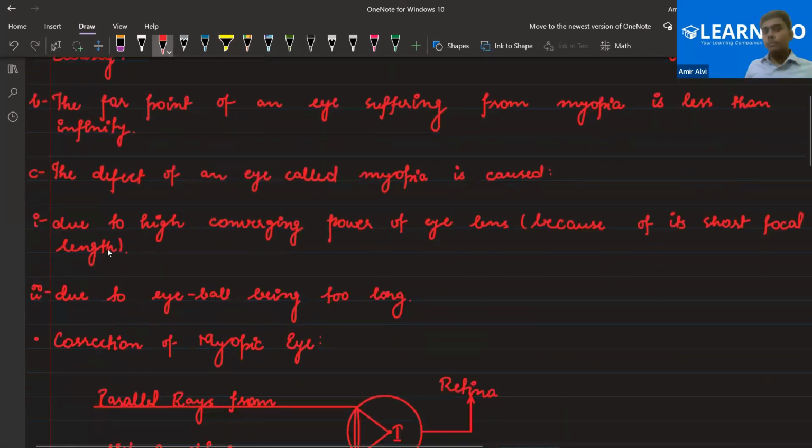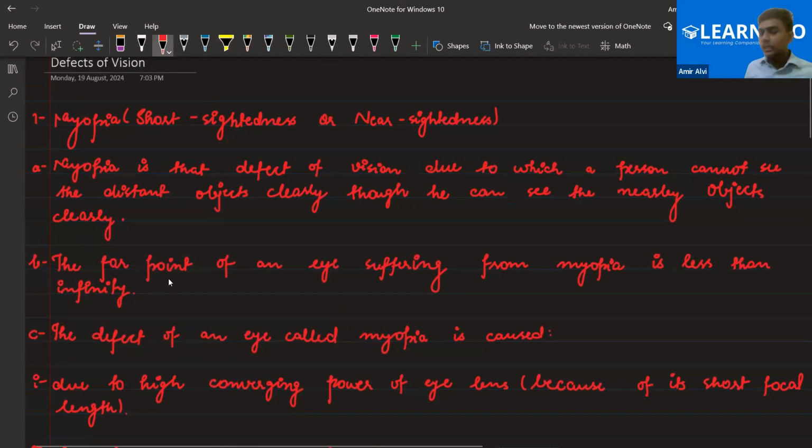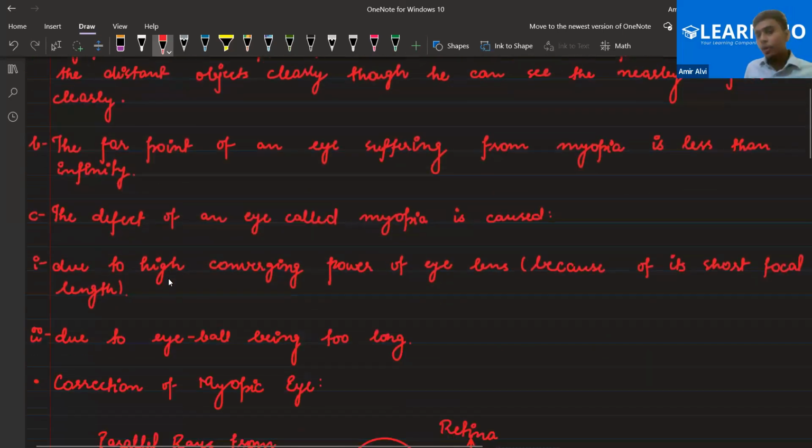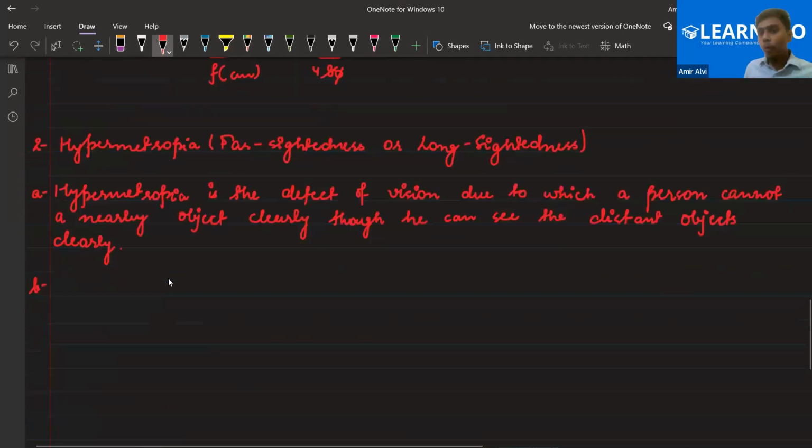Okay. So in myopia, the far point is decreased. In hypermetropia, the near point is increased.